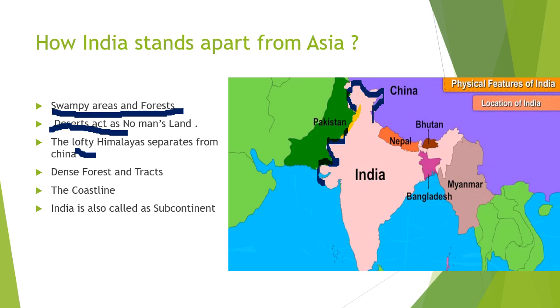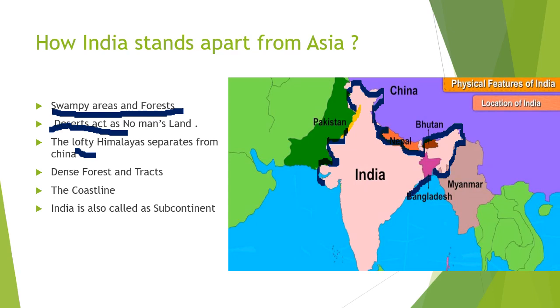No, they are extremely big, huge in size, and that is why they act as a barrier and separate India from Afghanistan and China. Moving on to this area, Uttar Pradesh has been separated from Nepal due to the dense forest and the tracks, and then this part of the area has extended forest areas. Arunachal Pradesh and all, they have extended forests.